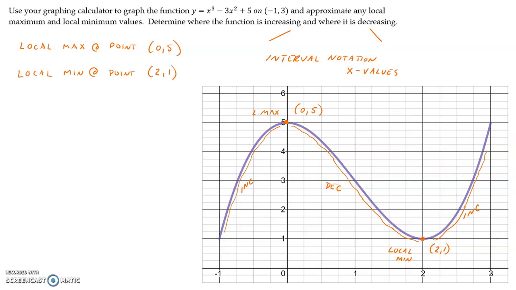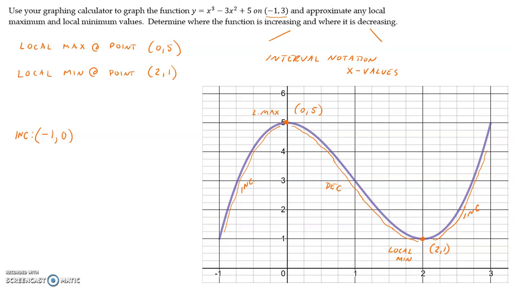So let's do the increasing intervals first. Keep in mind we want the x values over which this occurs, and we were restricted to this segment from -1 to 3 with our graph. So our smallest x value for the increasing portion is going to be -1. Our largest x value is where our local max occurs, which is at an x value of 0.